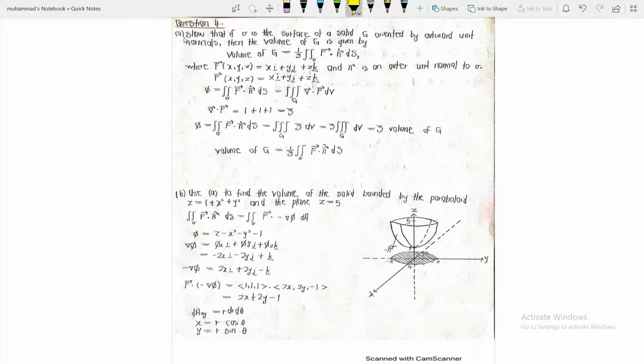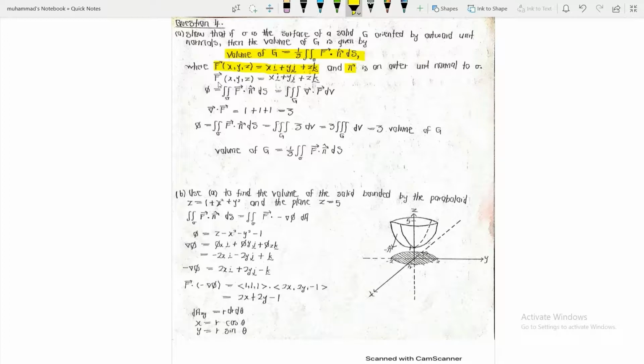Question 4. A. Show that if sigma is the surface of a solid G oriented by outward unit normal, then the volume of G is given by volume of G equal to 1 over 3 double integral over sigma of F dot n ds, where F(x, y, z) equal to x i plus y j plus z k and n is the outer unit normal to sigma.